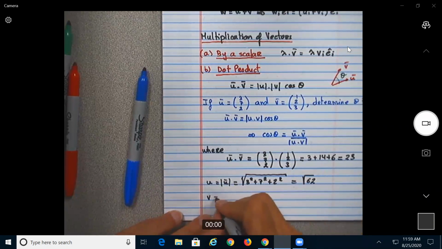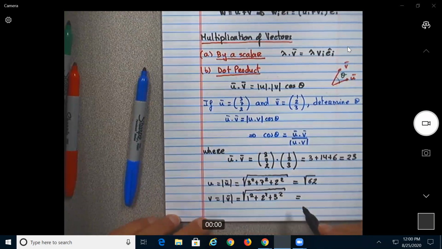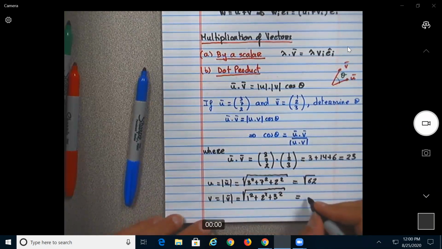And V will be 1 squared plus 2 squared plus 3 squared. So 9 plus 4 plus 1, 14.